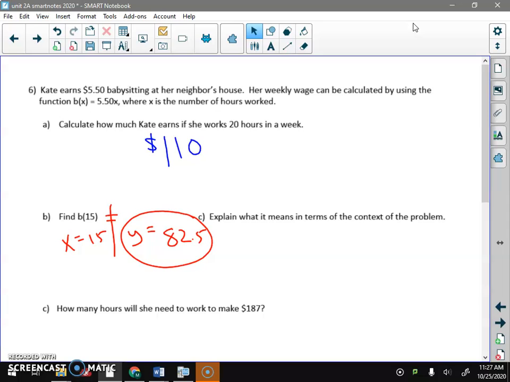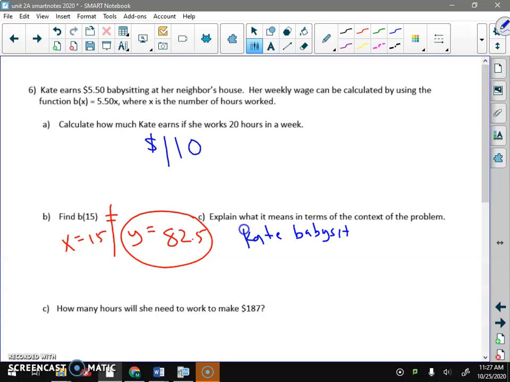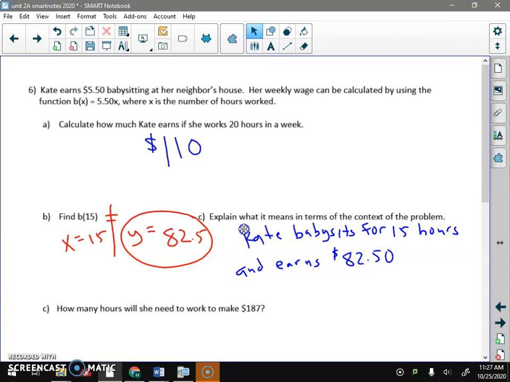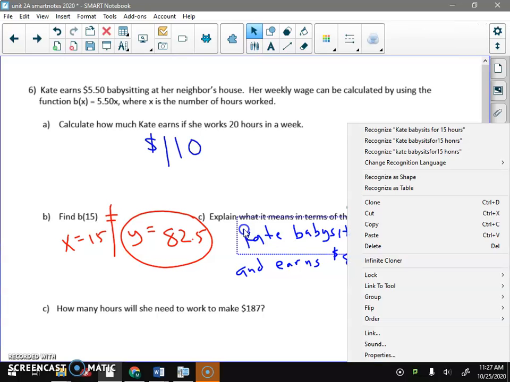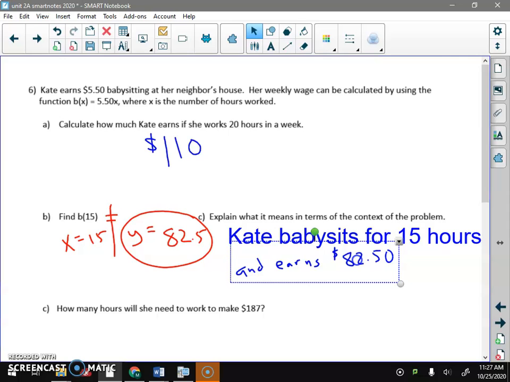It means that Kate babysits for 15 hours and earns $82.50. Add the 0, 50 cents. Let's see how this looks. My writing's getting better, guys.